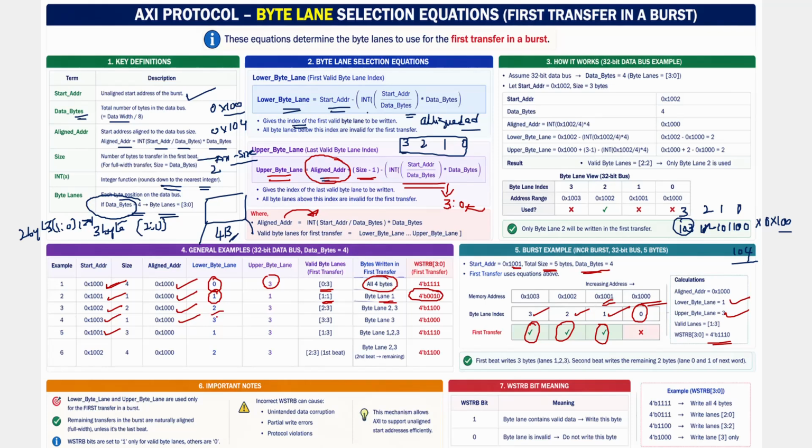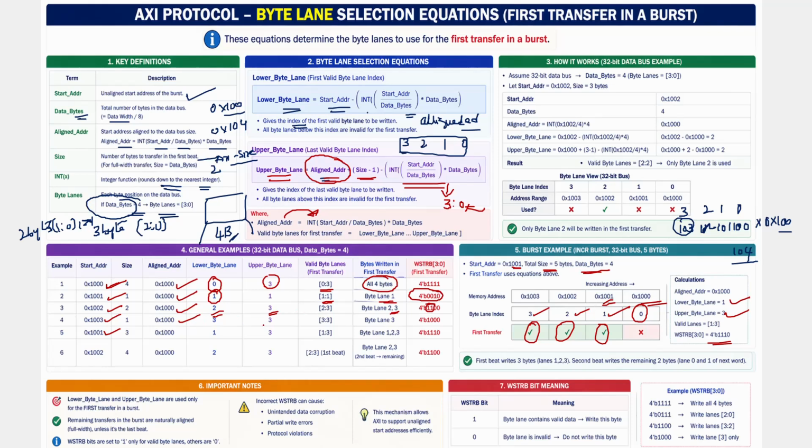And then 1002 here, 2 byte lanes are valid. The lower byte lane is 2 and the upper byte lane is 3, so 2 to 3, and then 2 and 3 values should be valid.